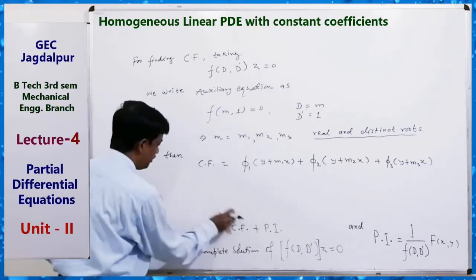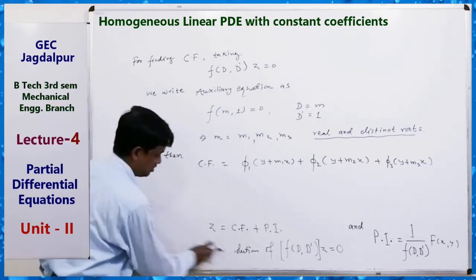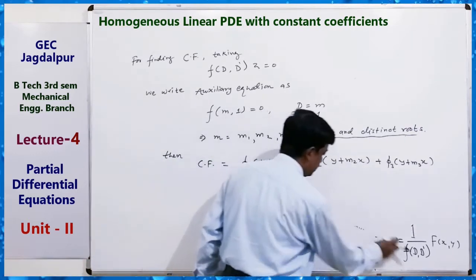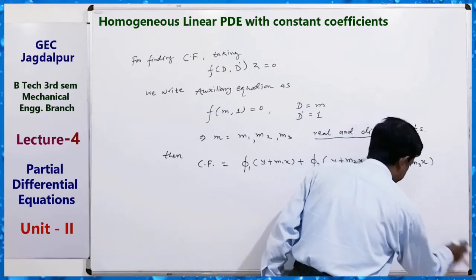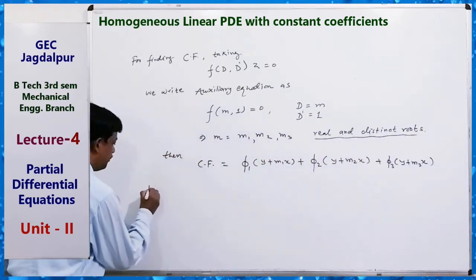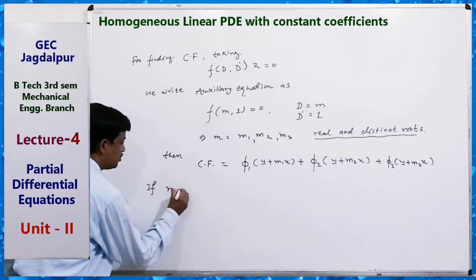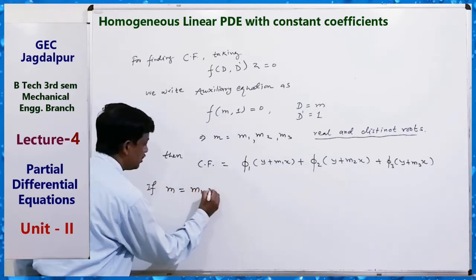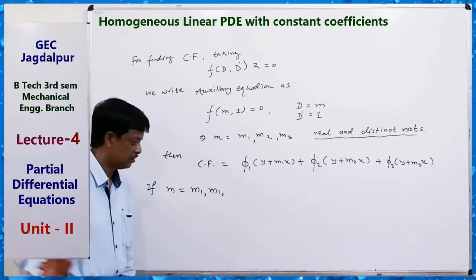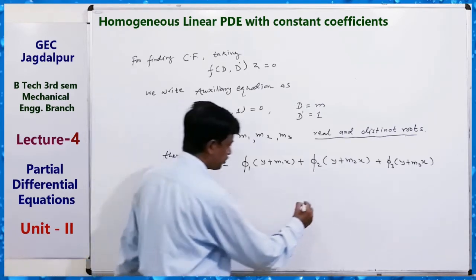Now if equal roots are present, how can we write CF? If m equals m1, m1, both are equal roots.